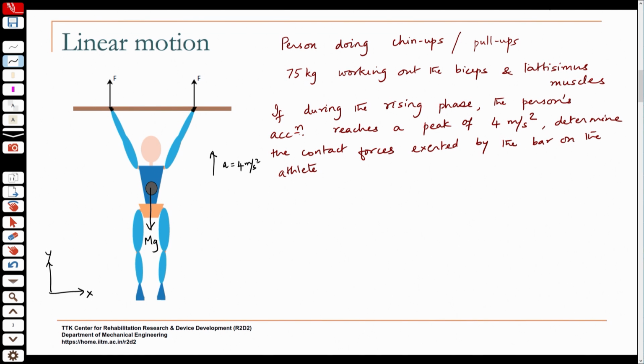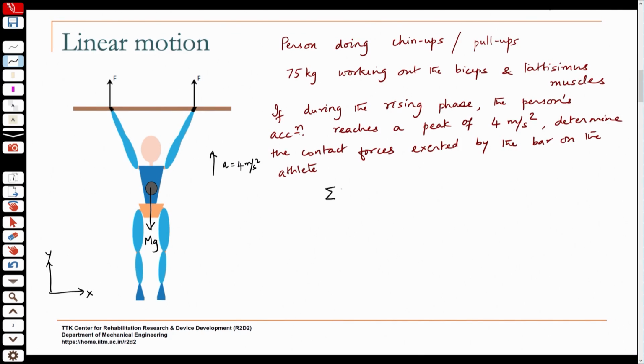Okay. So, for statics problems we had sigma Fx equal to 0, sigma Fy equal to 0. Here we are going to look at sigma Fx equal to m ax. In this case, what is ax? Is there any acceleration in the horizontal direction?